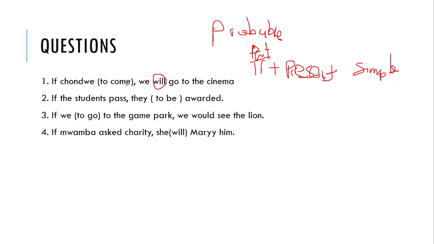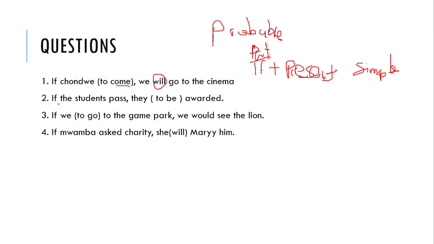There should be if plus present simple. Then that's the one that has what? Will in the main clause. Okay. So I'm required to change this word to present simple. Done. So you can pause the video, try to answer this, and then check for the answers in the next slide.